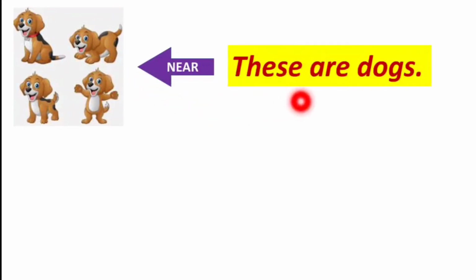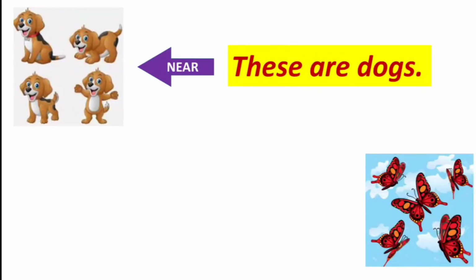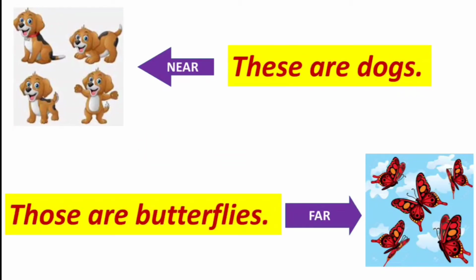It means we will use these to point these dogs. And in this picture there are 5 butterflies which are far from us. It means we will use those to point these butterflies because these are far from us. These for near, those for far.